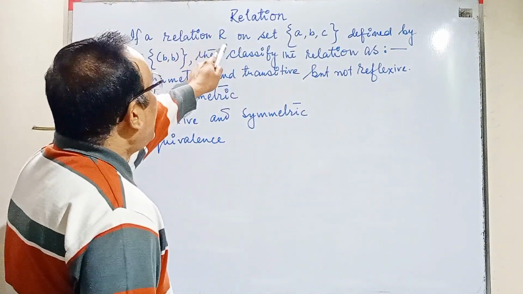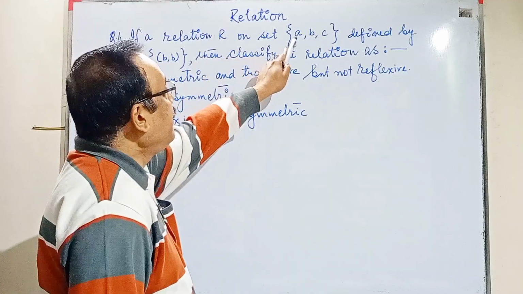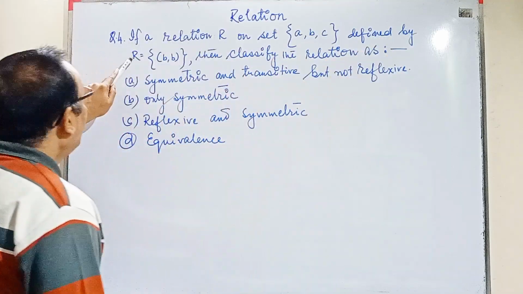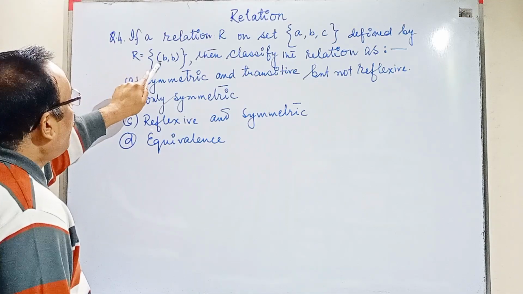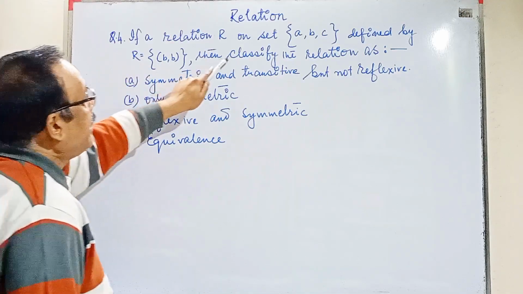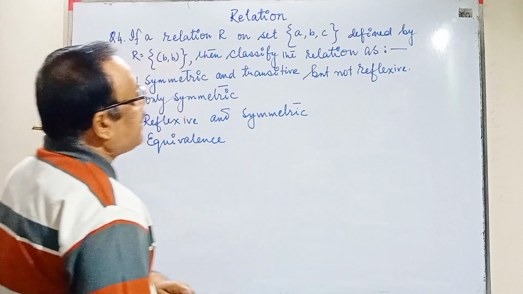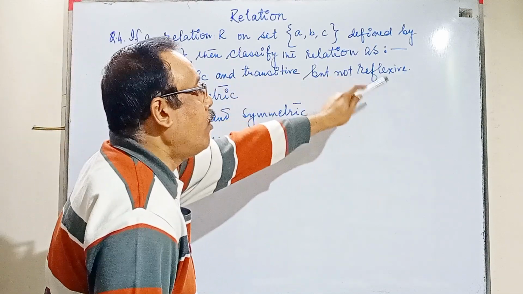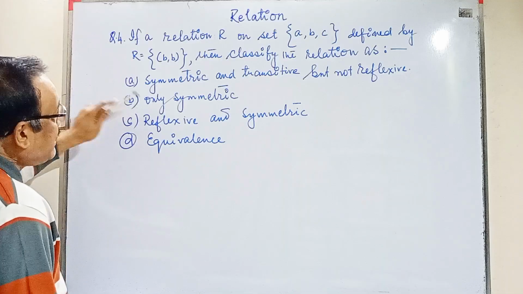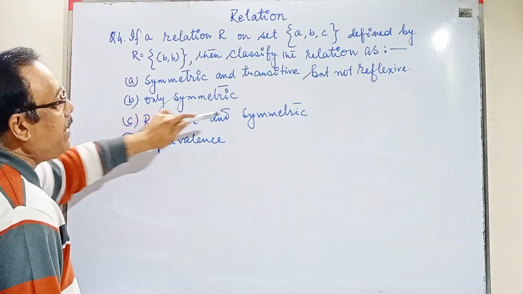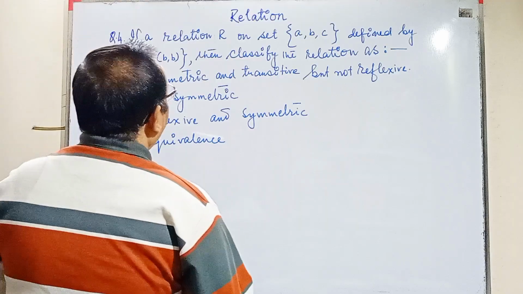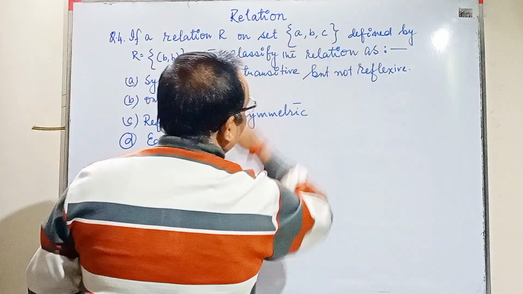If a relation R on a set having 3 elements a, b, c is defined by R equal to the set containing the ordered pair (b, b), then classify the relation. The 4 choices: symmetric and transitive but not reflexive; only symmetric; reflexive and symmetric; equivalence. Now the set has these 3 elements.